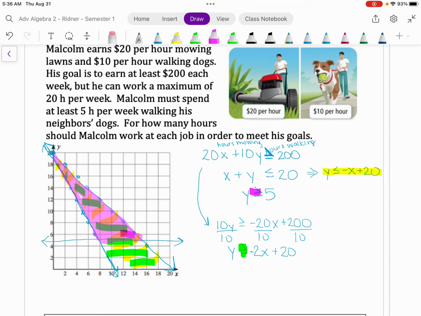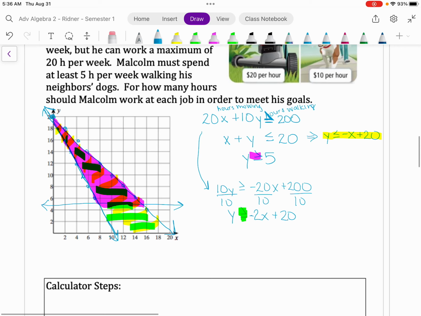So anywhere inside of that shaded system, Malcolm is going to reach all of his goals. So these are all solution points. So an example would be this point right here, which looks like 8, 10.